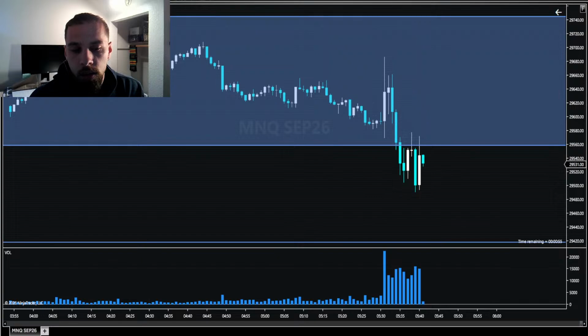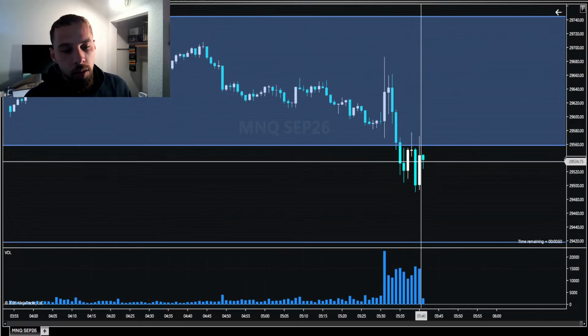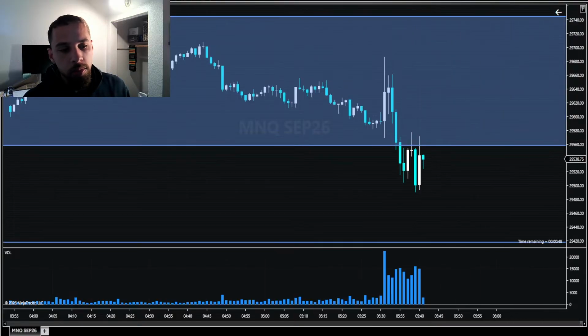When it's like this, just moving down and then a big green candle back up, can hit your stop loss. It's tough trading conditions. You have to be very picky. Very, very patient.